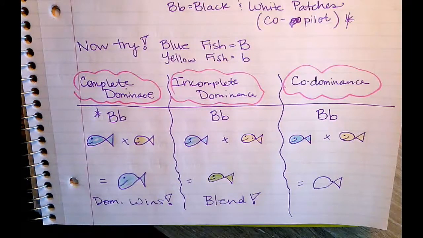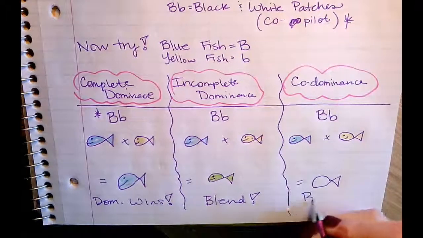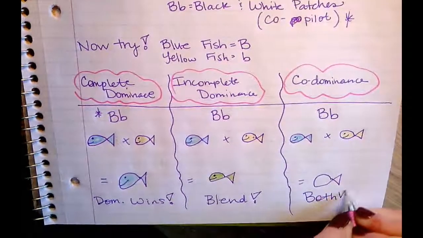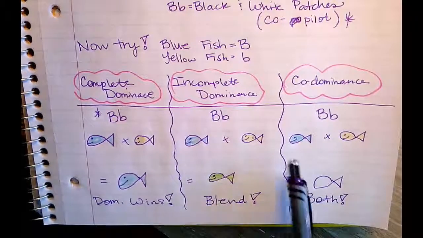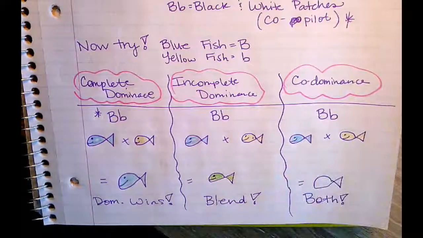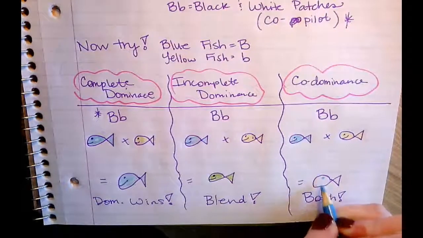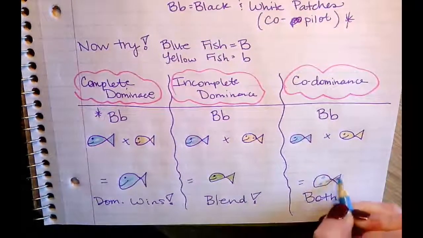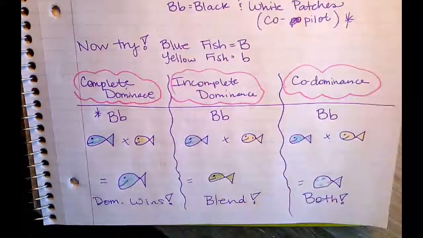Okay, now with codominance, you're going to see both. Okay, they're both expressing the genes. So we've got a yellow fish and a blue fish. So we would see, hypothetically, let's say it's like speckled. Let's say it is a yellow fish with blue dots.